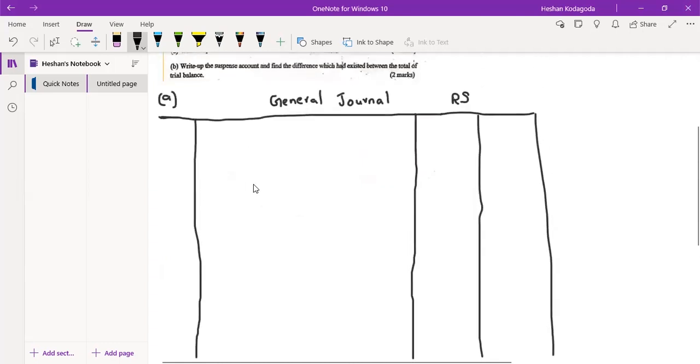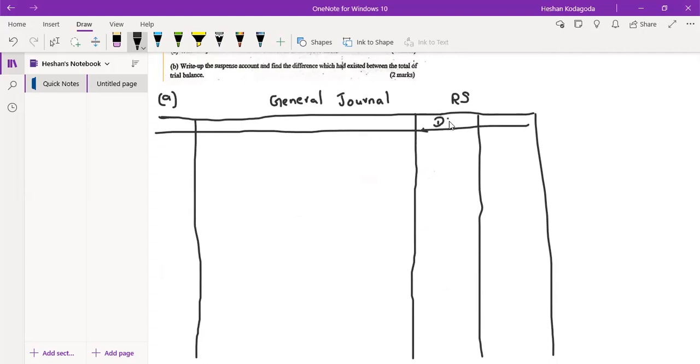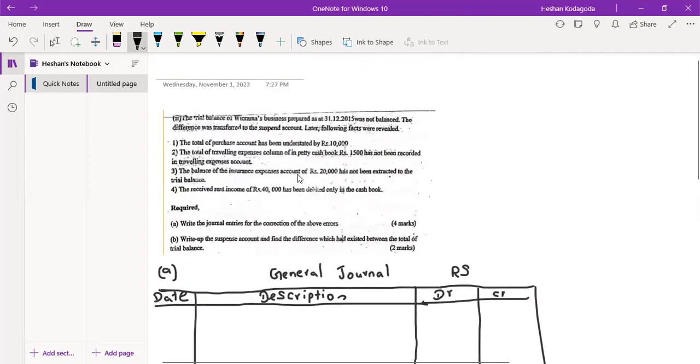So at least keep 16 lines for general journal, except the headings. Debit, credit. So write this as description. And here write it as date. Okay. So after that, after keeping 16 lines, I'm going to draw the B.